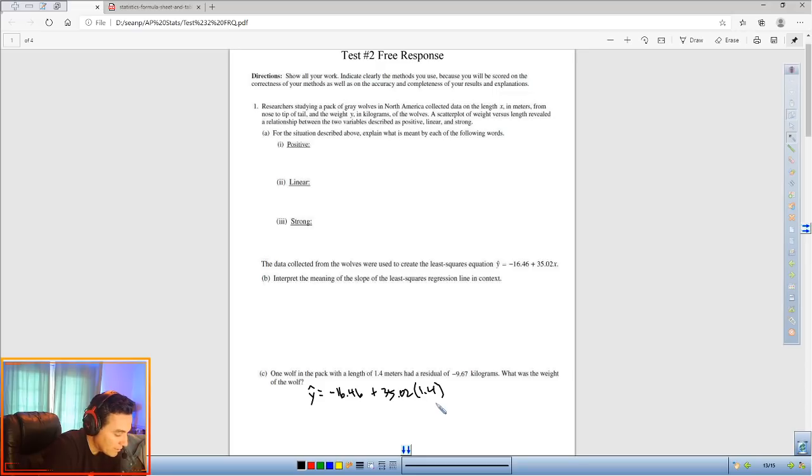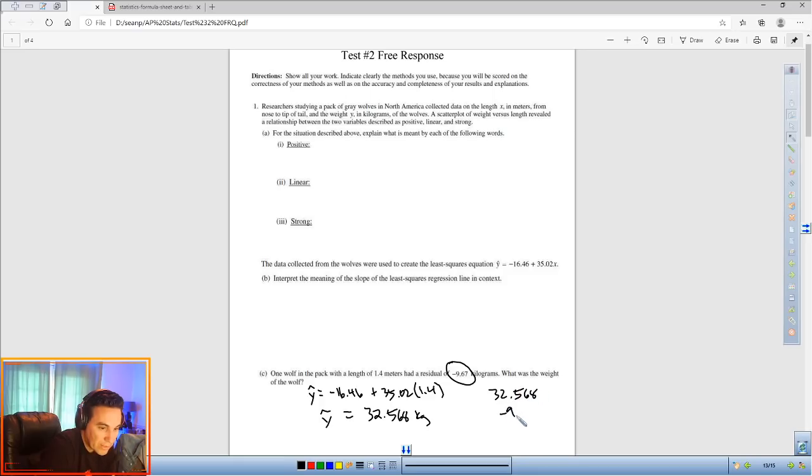You show that. It's an FRQ, you guys, so make sure you show yourself plugging it in. I don't want you to miss points for that. So I get 32.568, and that is going to be in kilograms. That's our predicted weight for this wolf. Well, this wolf had a residual of negative 9.67, so that meant it was lower than our predicted by that amount.